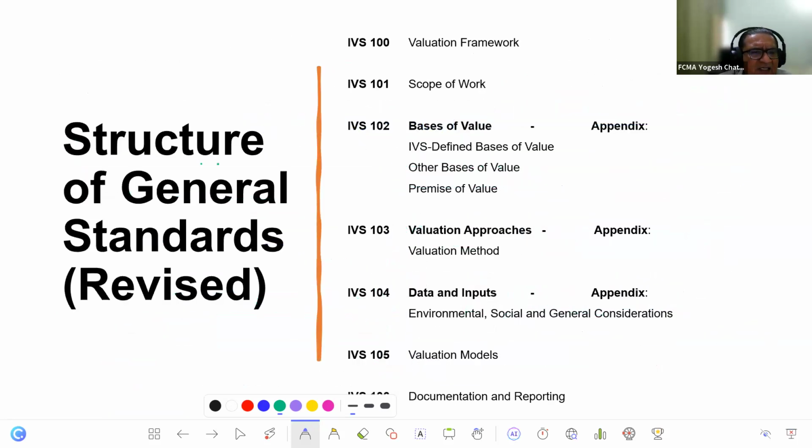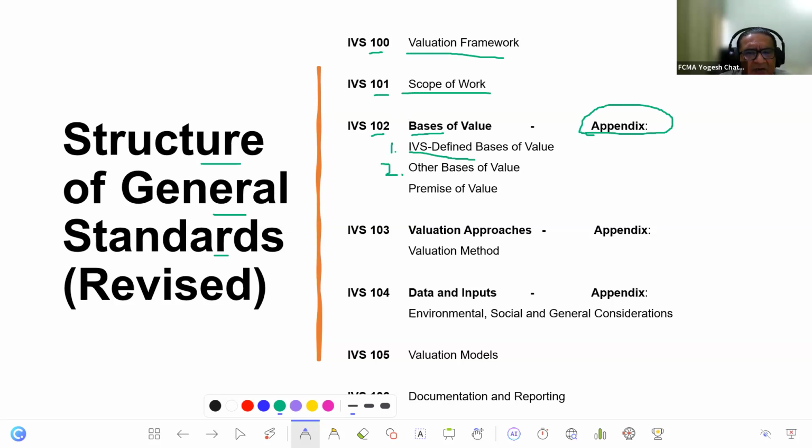And this is the structure of the general standard, for your information. We have IVS 100, valuation framework; 101, scope of work; 102, basis of value, and that has three annexures. Annexure number one is on IVS defined bases of value.